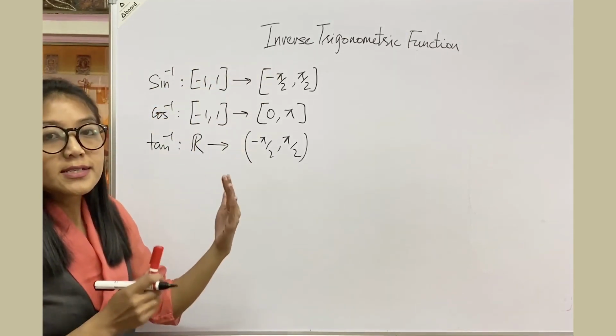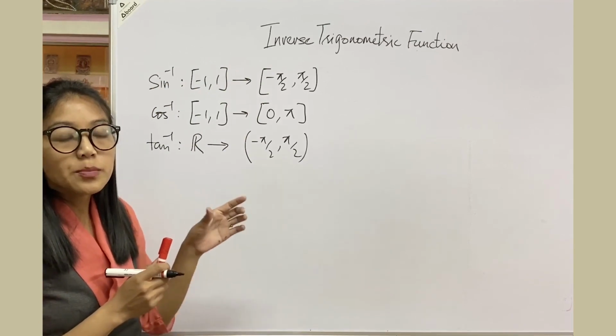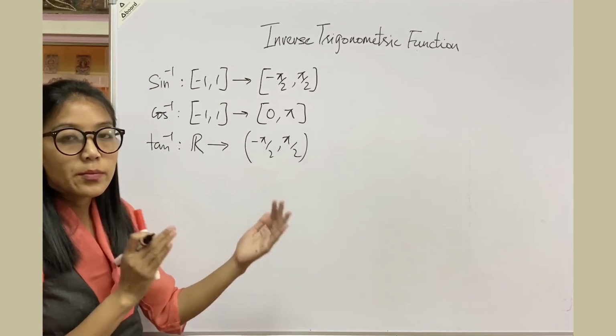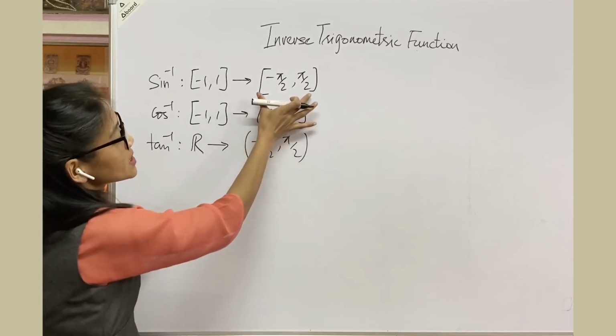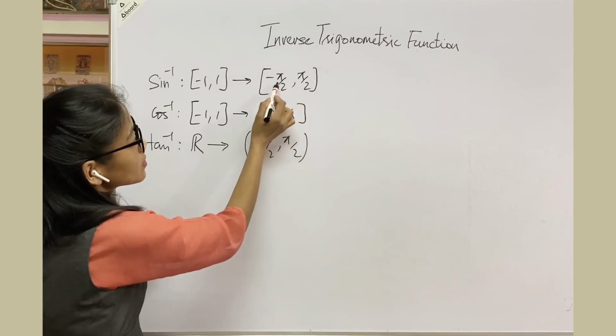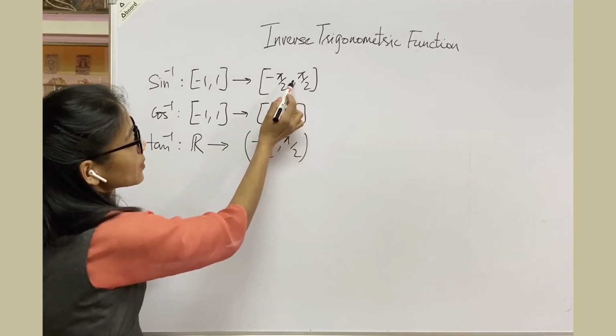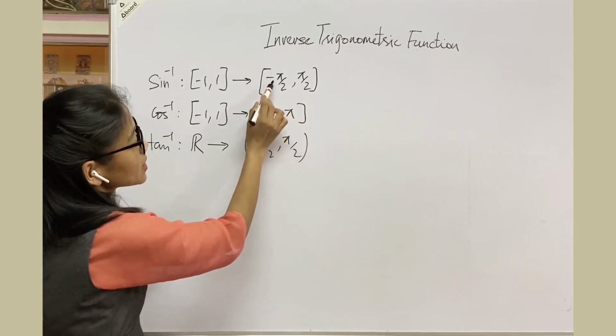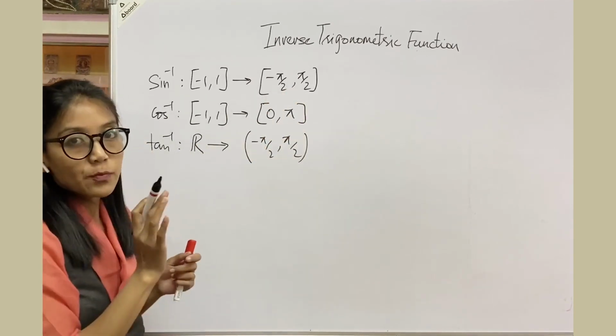Now here we have 2 separate brackets, so you have to be careful with the brackets. In class 11 you had studied the subintervals of real numbers, which we take in 4 different brackets. When we use a closed interval, it means within -π/2 to positive π/2 you have to take all real numbers and include -π/2 and positive π/2.